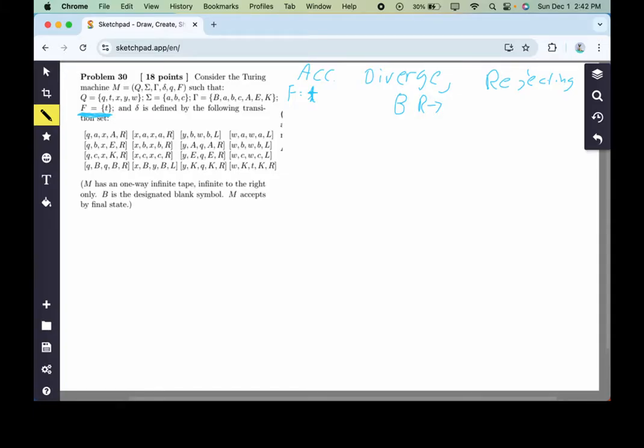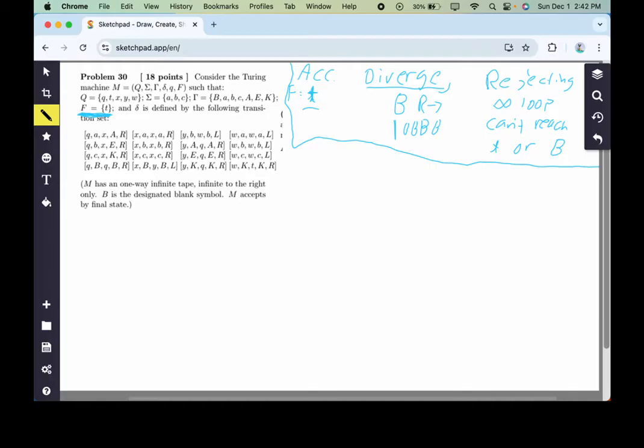But just think, you want to reach the end of your string and have a bunch of blanks to the right. That's the goal for diverge, just like the problem we did before. And reject is kind of your leftovers. Think of an infinite loop. Can't reach T, which is your accepting, or B, which is the blank. So we're going to be doing these 3 for our strings.